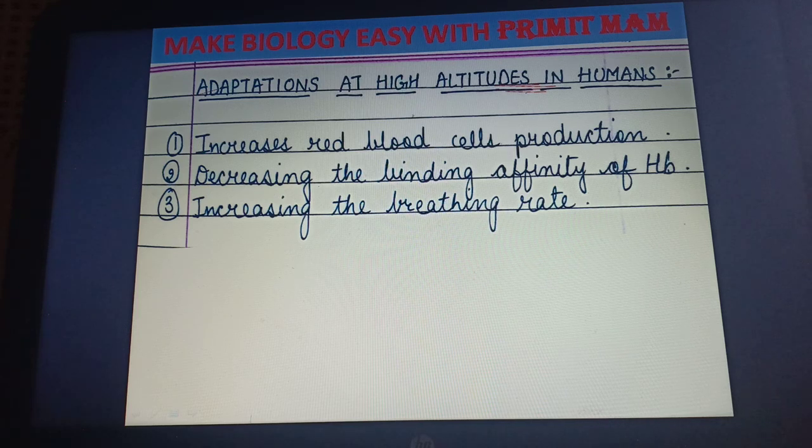Relief occurs because of acclimatization. The body copes with this low oxygen stress by physiological changes.